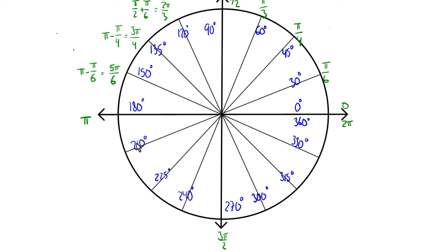We are looking at the 210-degree angle. Well, this is just going to be pi, 180 degrees, plus 30 degrees. So pi plus pi over 6, which is going to be 7 pi over 6.